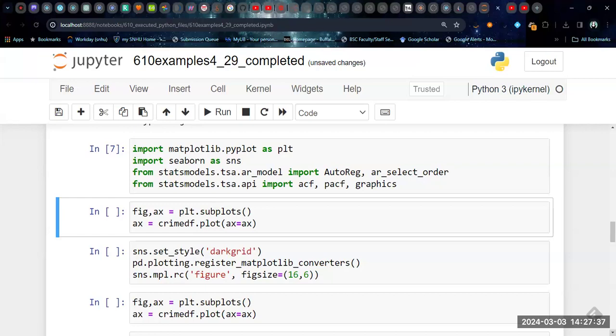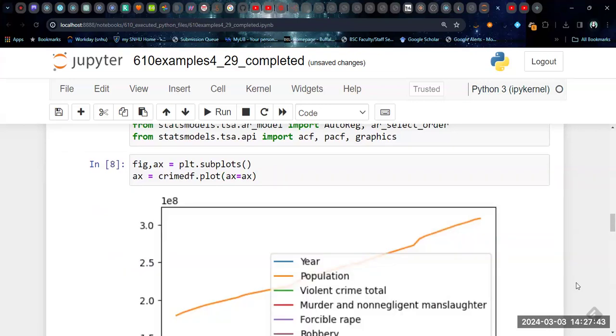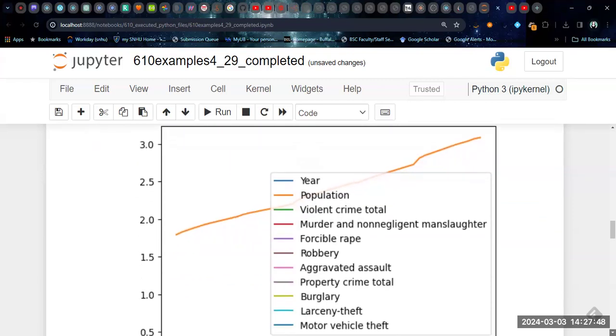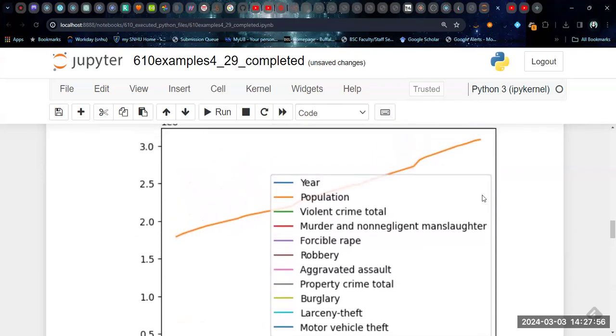Now, the first thing that we're going to do is create a very simple graph of our crime data. If you just plot the whole data set like this, it's going to plot all of the variables on the same graph.